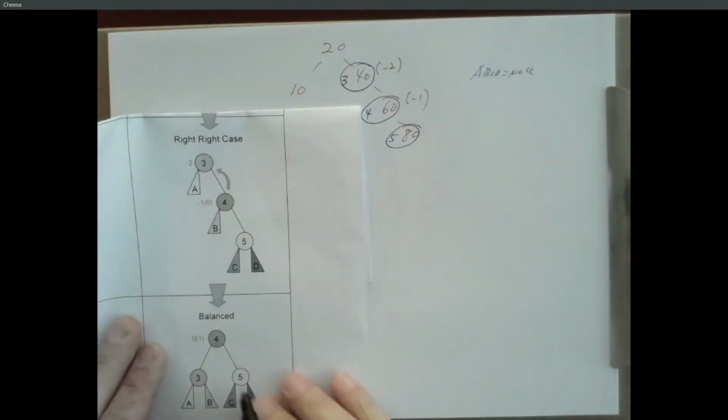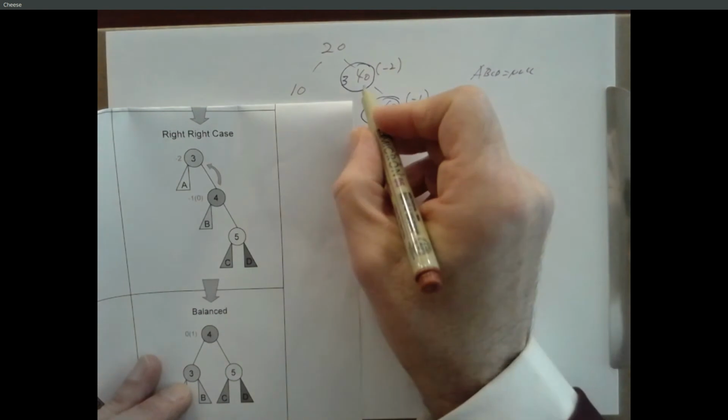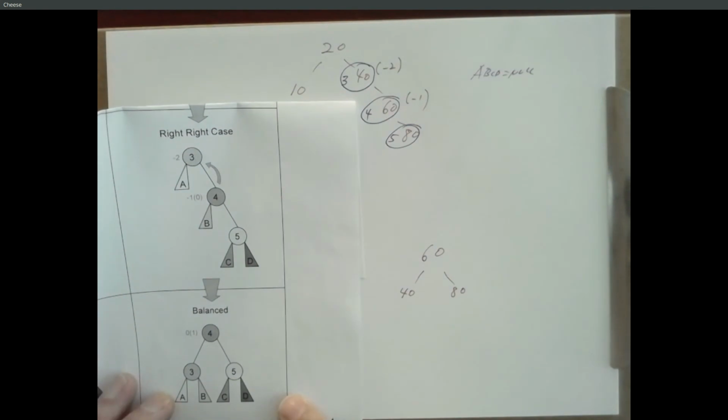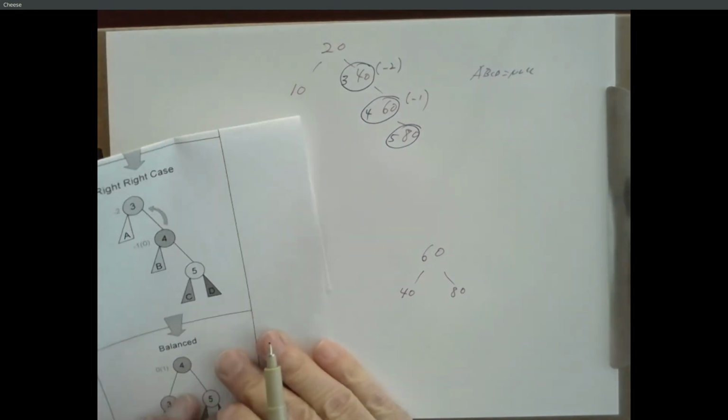And our rotation says make node 4 the root, put 3 on the left, put 5 on the right. So after we rotate, node 4, which is a 60, will be the root. Node 3, which is 40, goes on the left. Node 5, which is 80, goes on the right. These two nodes would adopt the children A, B, C, D, but those were all null, so there's nothing to do.